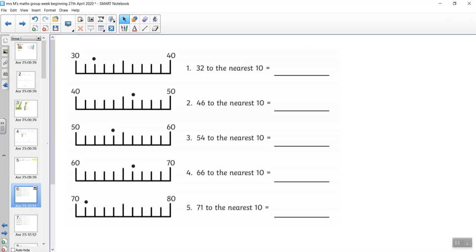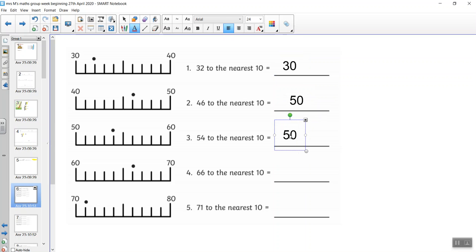Okay, children, how did you get on? Let's have a go. So 32 is closest to 30, so 32 would round to 30. 46 is closest to 50, so 46 would round to 50. 54 is closest to 50, so 54 would round to 50. 66 is closest to 70, so the nearest 10 to 66 is 70.